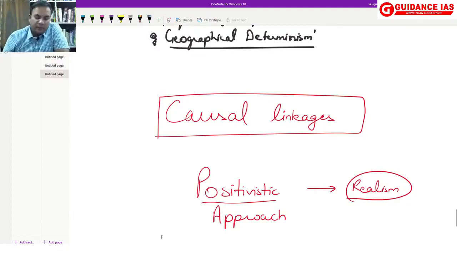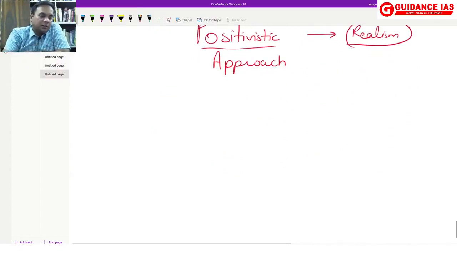Like for example, I'll give you one example. We'll see the use of gravity principle.